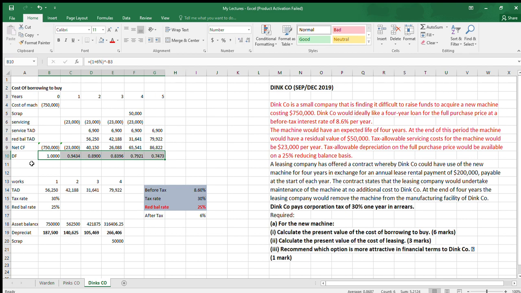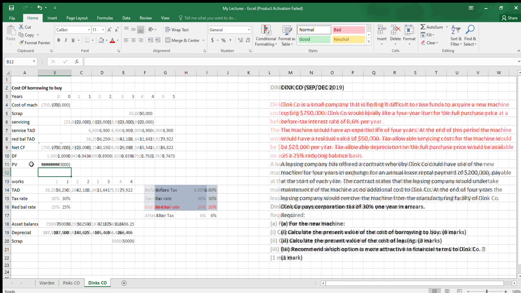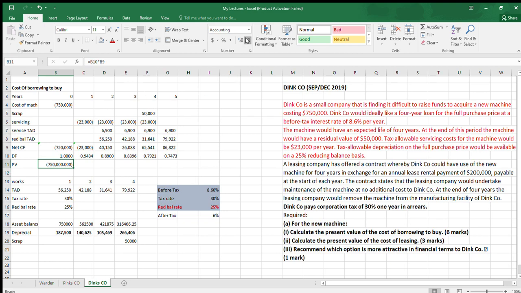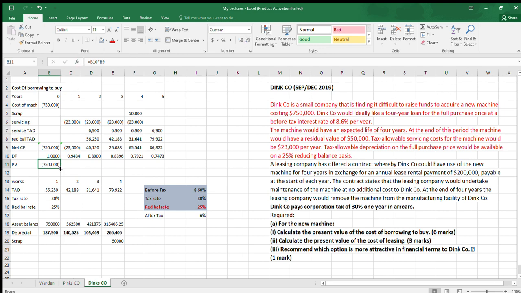So now your present values will be the discount factor multiplying the net cash flow. That's all.